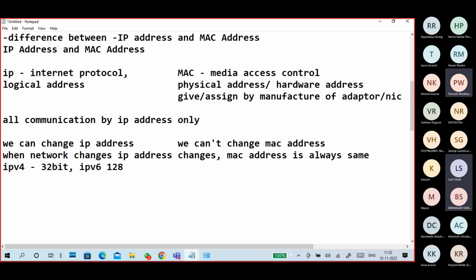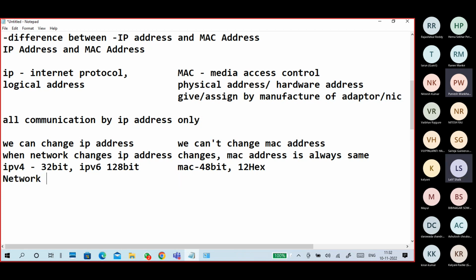MAC address is a 6-byte address, represented in 12 hexadecimal digits. There is only one fixed version for MAC address.